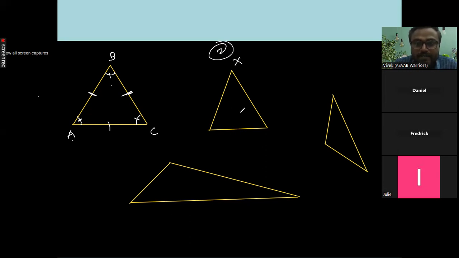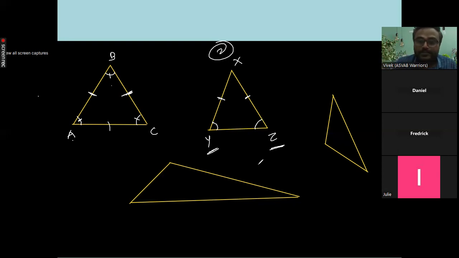I'll mark it as X, Y, and Z. If I put a single arc over here and another single arc over here, that means angle Y is equal to angle Z. And if there is a cross line on XY and a cross line on XZ, that simply means XY is equal to XZ.